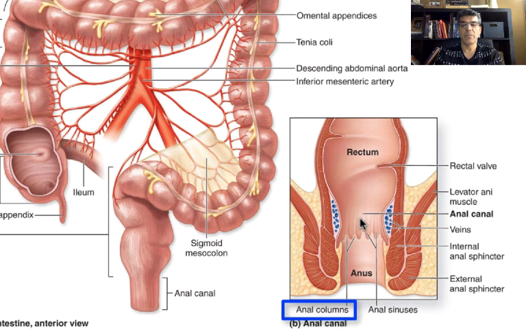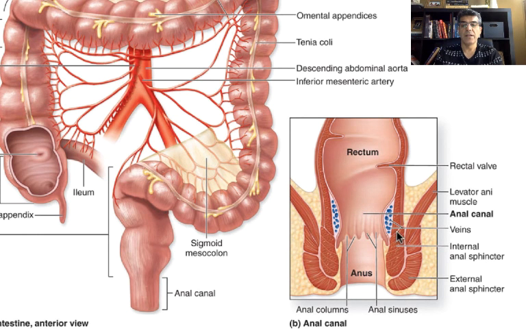Between these anal columns, you have anal sinuses. Anal sinuses have a lot of mucus secreting glands that produce mucus for lubrication. So as a result, when you are defecating, the area is lubricated, so it's not going to create that much friction and pain.